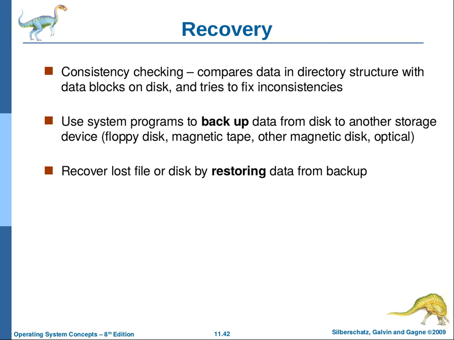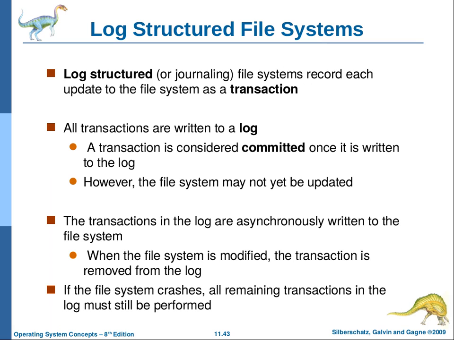All right, lastly, recovery. Very important. When systems go down, you want to be able to recover your data or hopefully a lost file on a disk by somehow restoring it. The most common way to do that nowadays is called logging, or log structure, or journaling, as I call it. This came out with ext3, which was really just ext2 plus journaling.